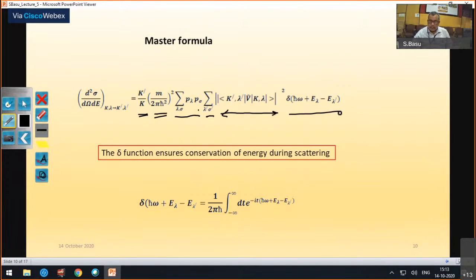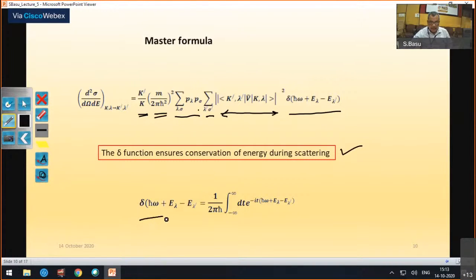Now this delta function is the Dirac delta function, you know. People who are a little bit familiar with physics and quantum mechanics will know. So this delta function has been brought in to ensure the energy conservation during scattering. And now I represent this delta function as an integral, which is a very common representation.